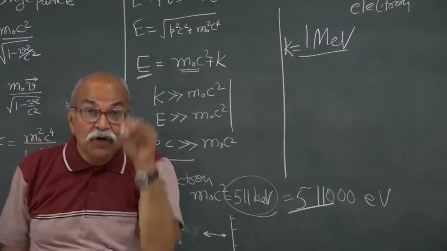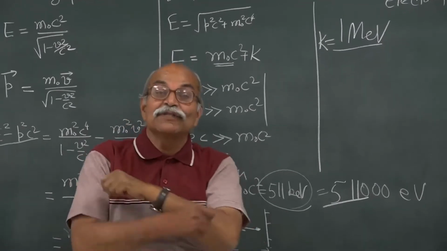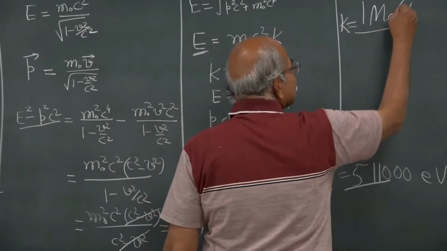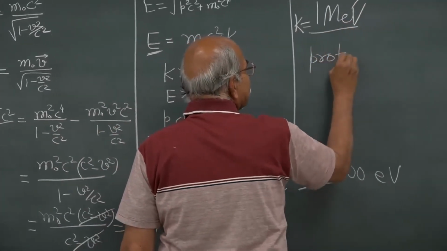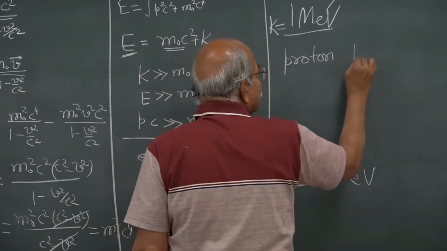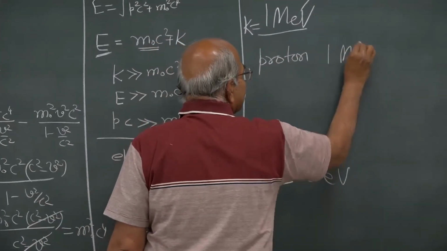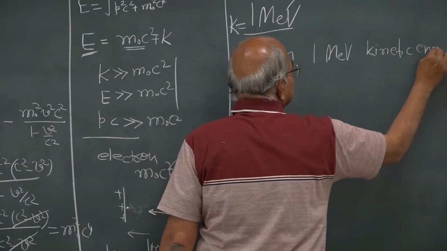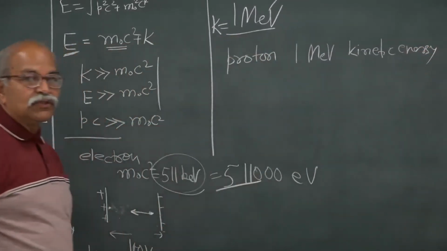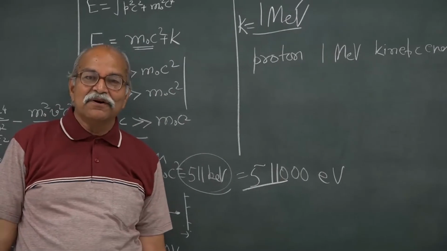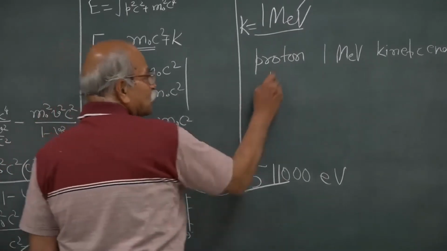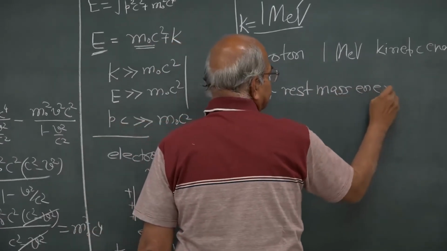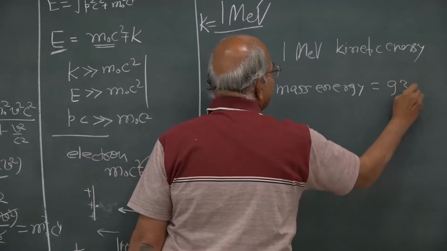But if you have a proton which goes through the same accelerator and the proton kinetic energy becomes 1 MeV, so instead of an electron, a proton going through that same 1 MeV potential difference, you can still use Newton's laws because the proton rest mass energy is 938 MeV.